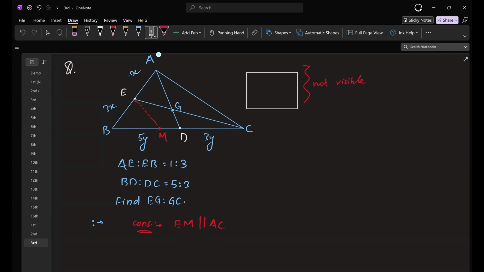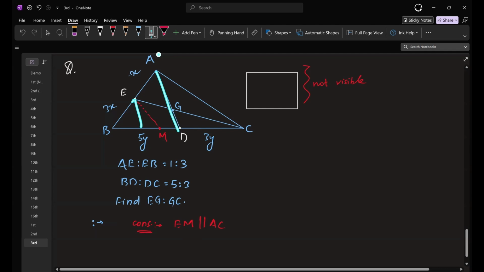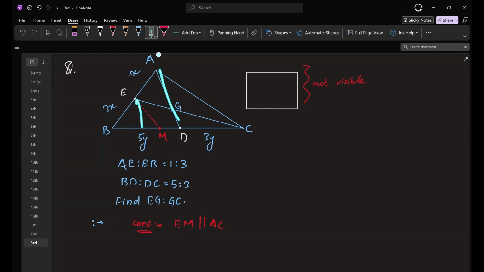Why have we constructed anything like that? Why only this parallel to this? Why can't it be anything else parallel to this? That can also be a question, right? Why not construct an EM such that it is parallel to AD right here? Why only EM parallel to AC?